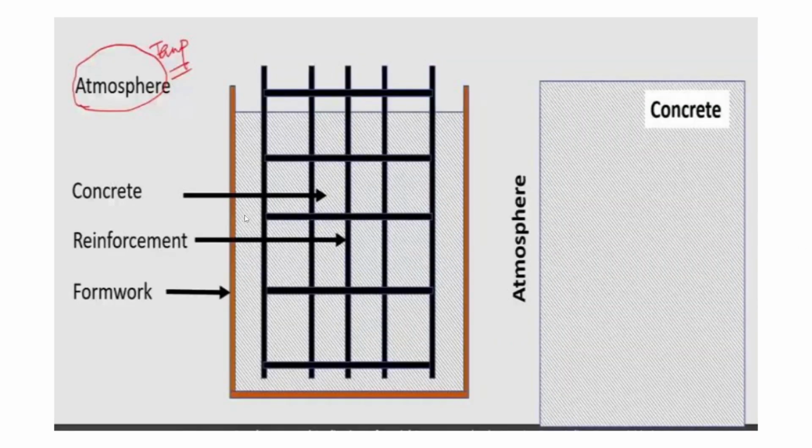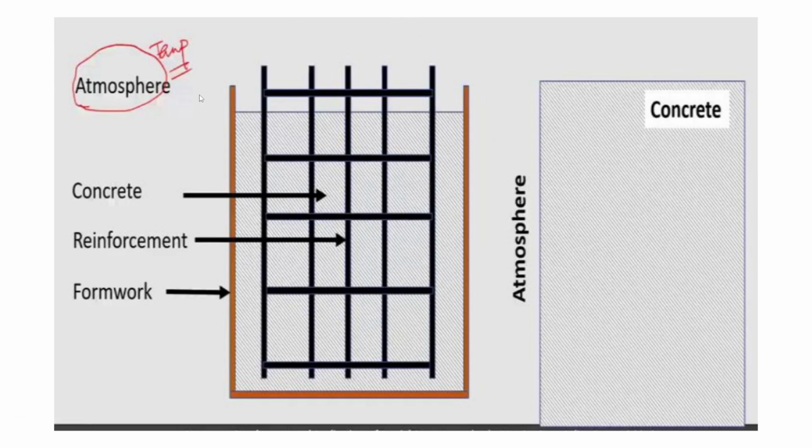This is the sketch of the concrete, which is shown in slash lines, the reinforcement which is given in these blocks of thick lines, and the outer boundary is denoting the formwork.